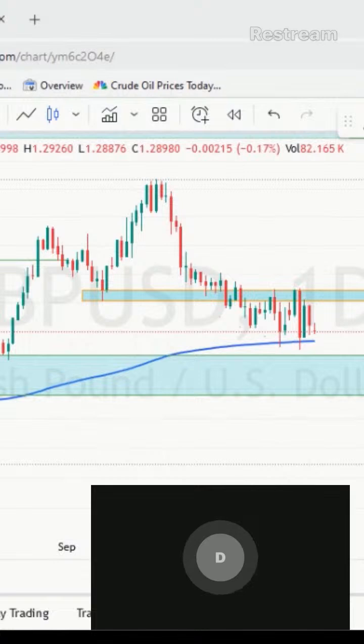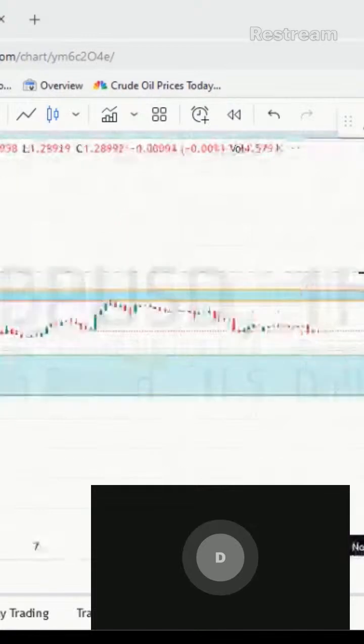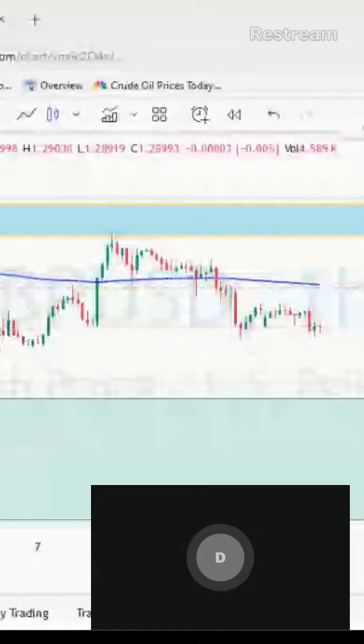So all we need to do now is just to position ourselves for entries, for sell entry. Remember, DXY is giving us bullish. So that means on GBP USD we're going to be bearish. So let's look at 1 hour to see how we can get a sell entry from there.